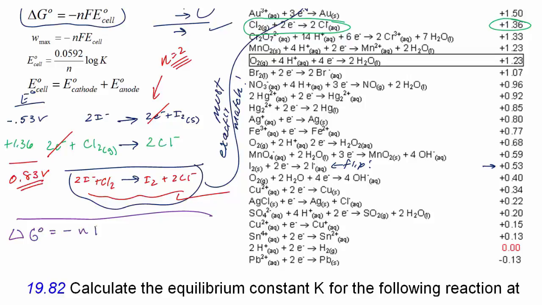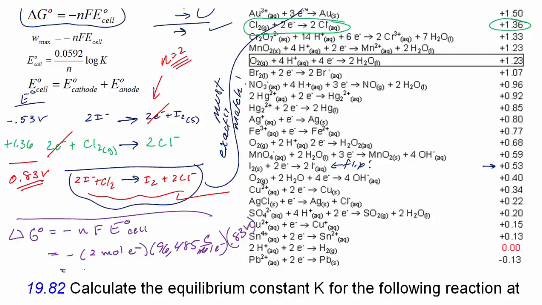That's minus nF E0 cell. N we said was 2 moles of electrons. F is 96,485 coulombs per mole of electrons. And E0 cell is 0.83 volts.